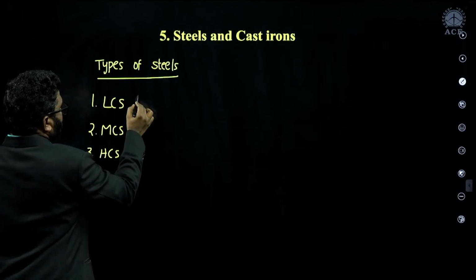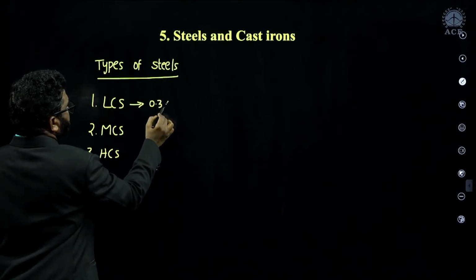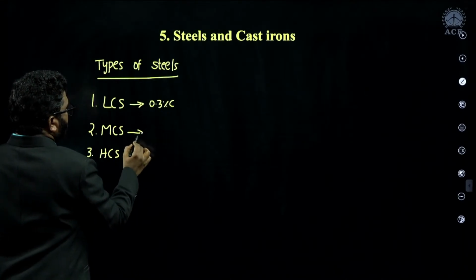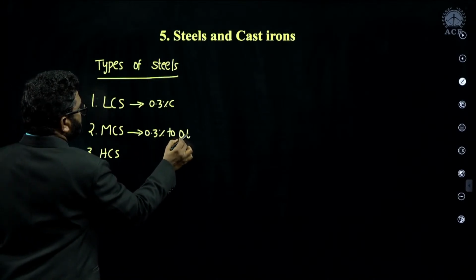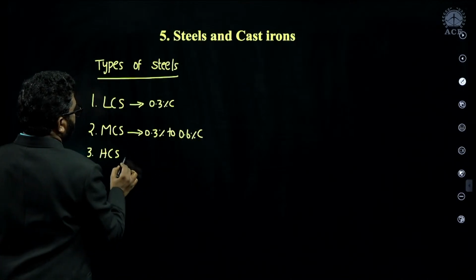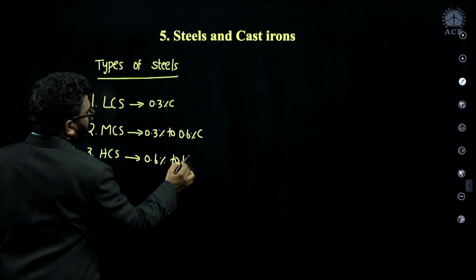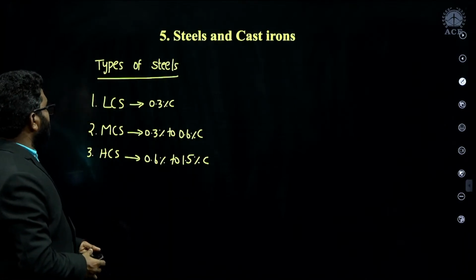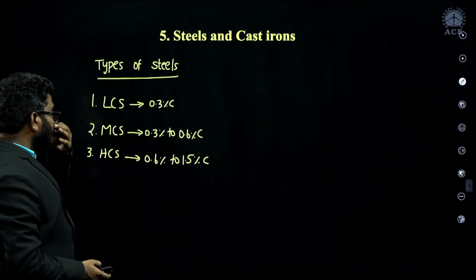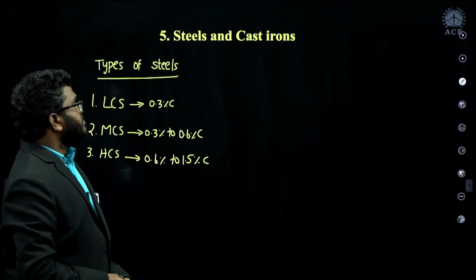Remember the percentage of carbon: low carbon steel up to 0.3% carbon, medium carbon steel 0.3% to 0.6% carbon, high carbon steel 0.6% to about 1.4 or 1.5% carbon. And also alloy steels, stainless steels, and high speed steels.